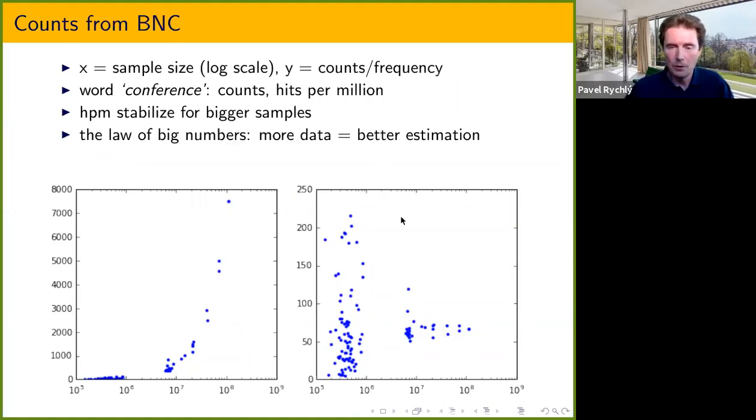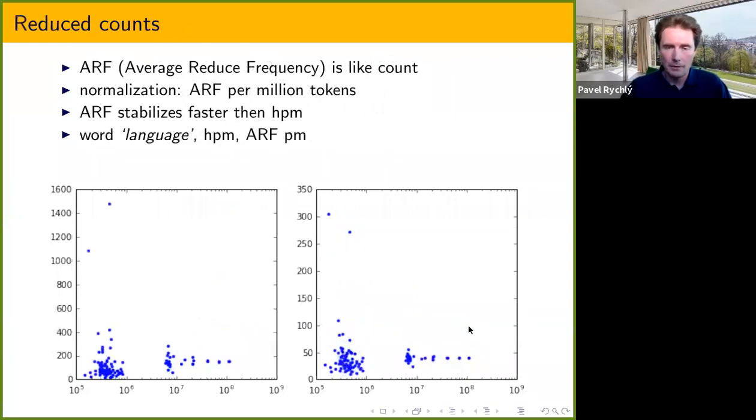So counts are not scalable, and hits per million are scalable. We often use some reduced counts, for example average reduced frequency, and this is also a count.